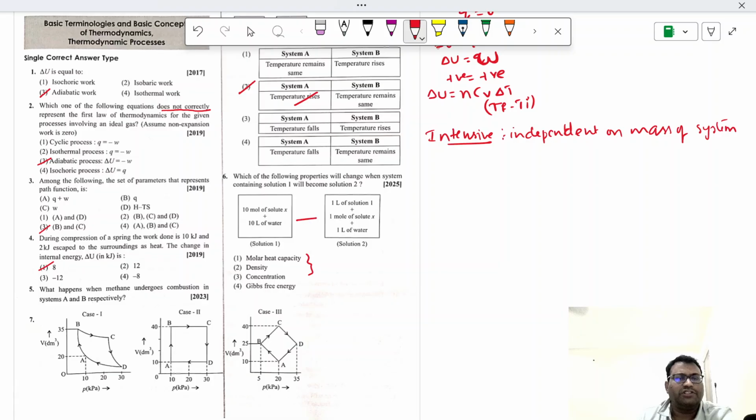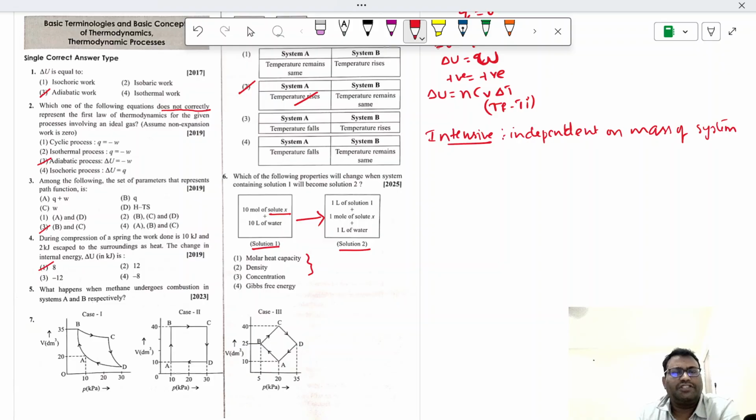When solution 1 is converted into solution 2, mass is changing. The solution is a similar solution, so only mass is changing, right? Only mass is changing because with solute X and water we have made solution 1.